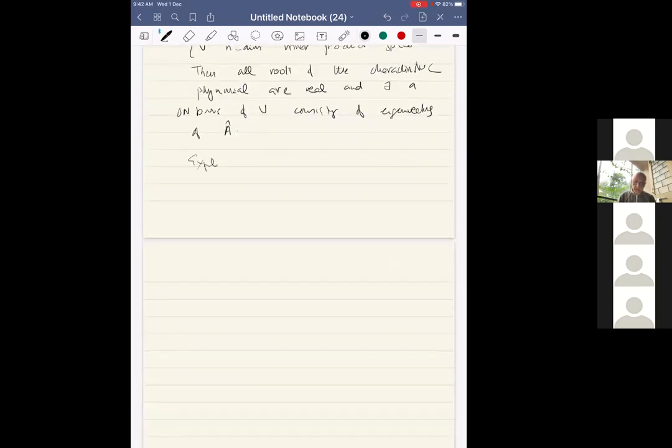Explicitly, there exist U1 to Un, vectors in V, such that Ui inner product Uj is delta ij. That means it's an orthonormal basis. And A hat Ui is lambda i Ui, with lambda i real numbers.